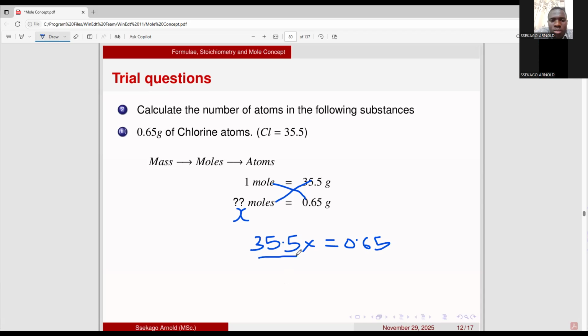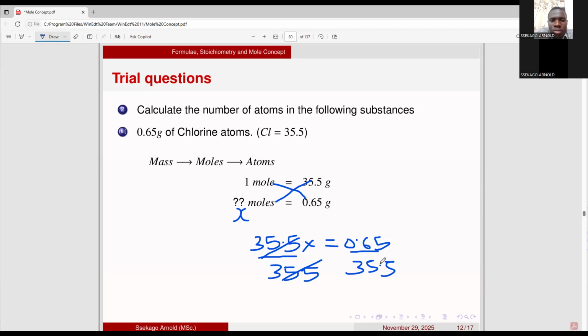So 35.5 over 35.5 cancels out, therefore x is equal to 0.65 over 35.5.